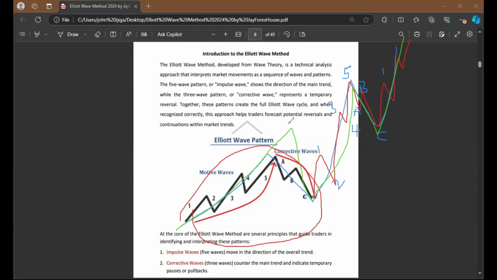What do I mean by that? The green line is a wave of 1, 2, 3, 4, and then 5. Within this green, we have this blue. As you can see, the blue identifies the lower time frame structure. And then we also have the red, 1, 2, 3, 4, 5.